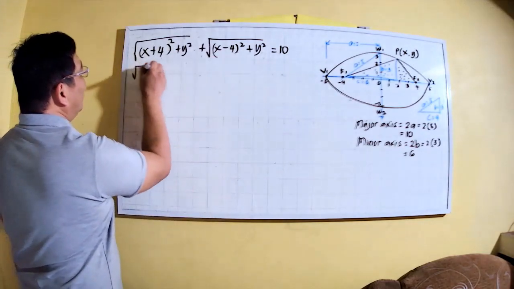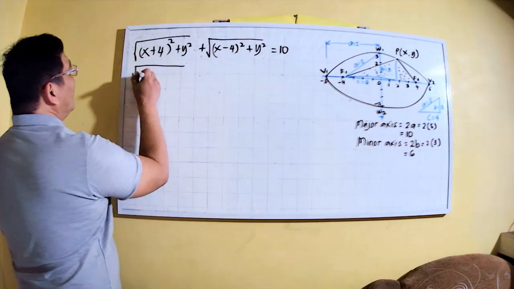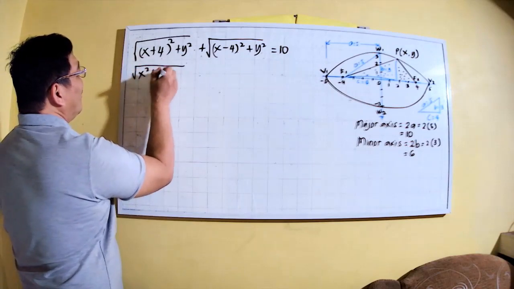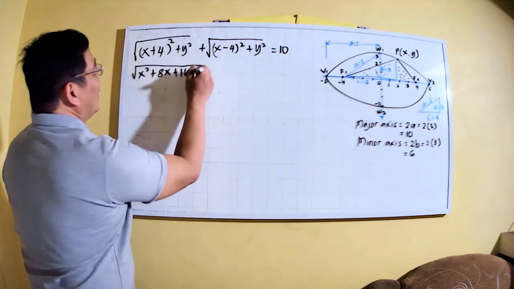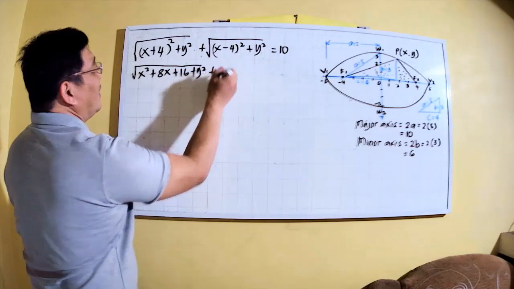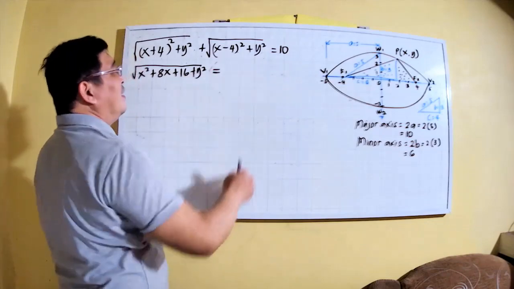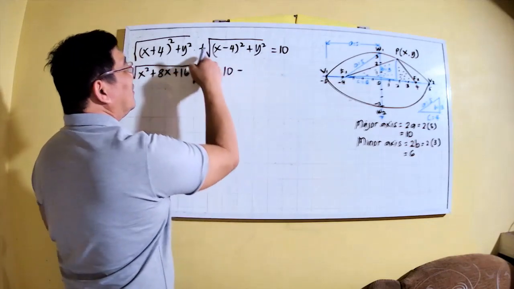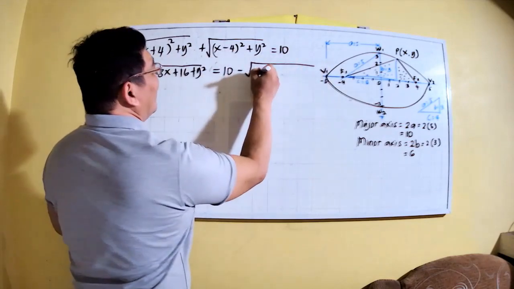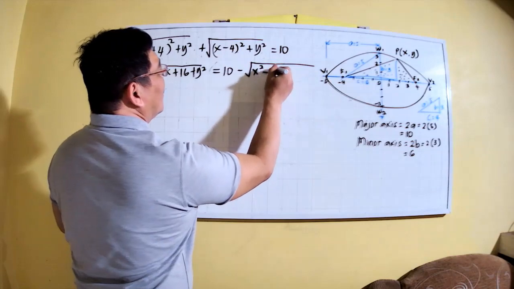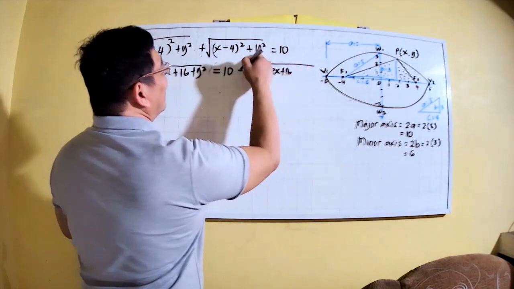So this one retains here, and expand this, x plus 4 square, you have x square plus 8x plus 16, and then plus y square, that is equals to 10 minus this one, the square root of, expand this, x square minus 8x plus 16 plus y squared.